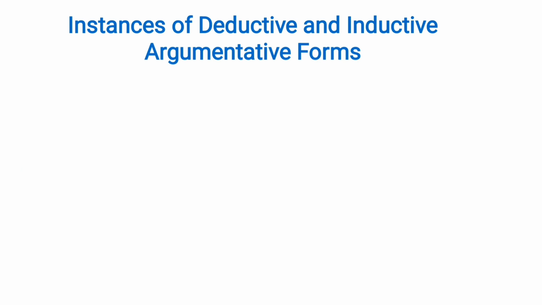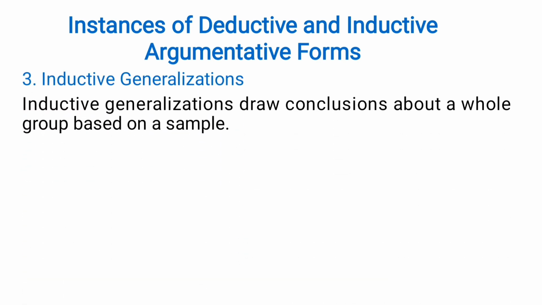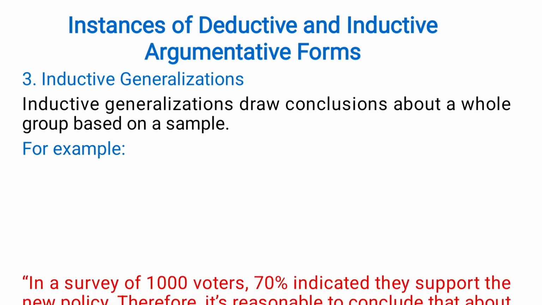And the third typical kind of inductive argument is inductive generalization. Inductive generalization draws a conclusion about a whole group based on a sample. By starting from some sample, we may draw a conclusion. This is inductive generalization.